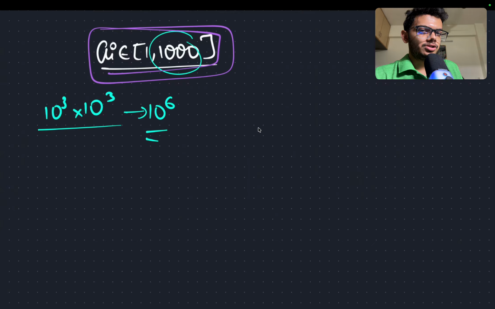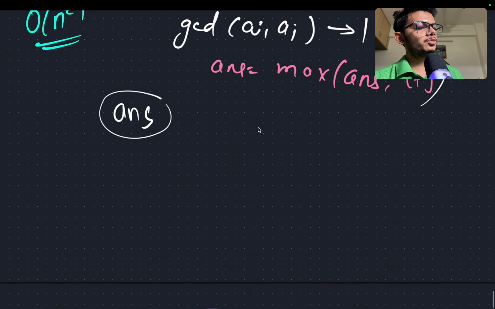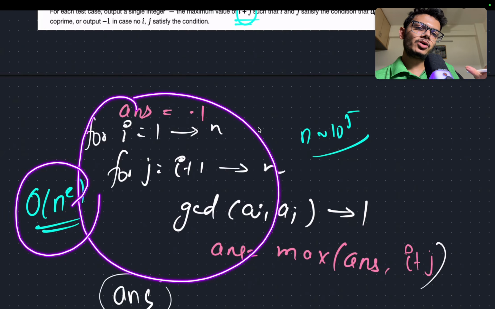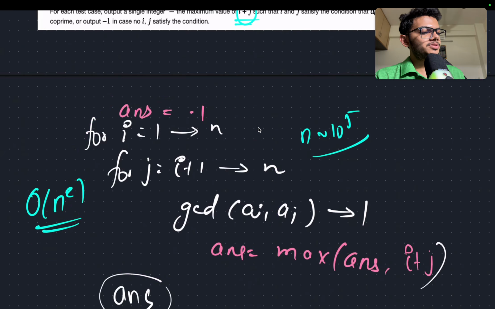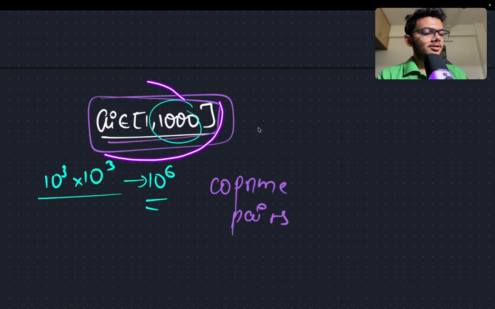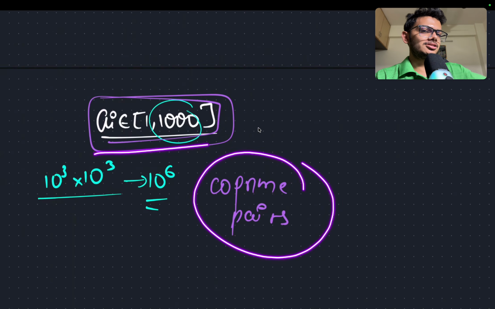What are we looking for? We are looking for coprime pairs. The brute force was to enumerate all the possible order of n square pairs on a given array. This is not possible because n goes to 10 power 5. Fine. But the range of numbers that you have is simply 1 to 10 power 3. So you can enumerate all the pairs on this range, right?